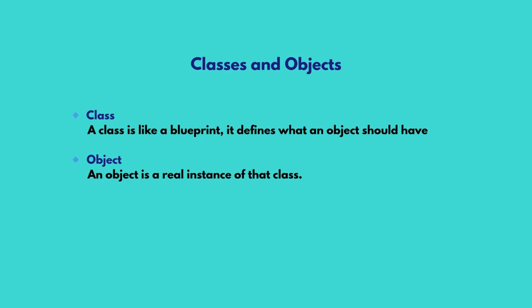So you must be wondering what these classes actually are. We have understood that an object is something that has some real world example like a car, person, dog, animal, anything. But what is this class? So a class is like a blueprint of any real world object. It defines what an object should have.